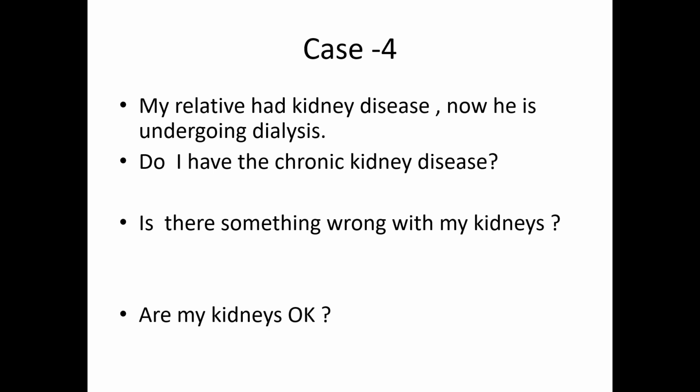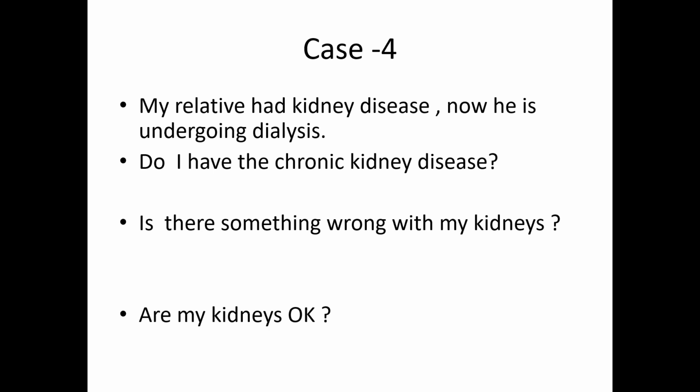As we know, the prevalence of chronic kidney disease is about 10% in the population. You say 10% is a bit alarming, isn't it? And the majority of these patients remain asymptomatic till they have advanced disease. So that's why I brought this topic for discussion.